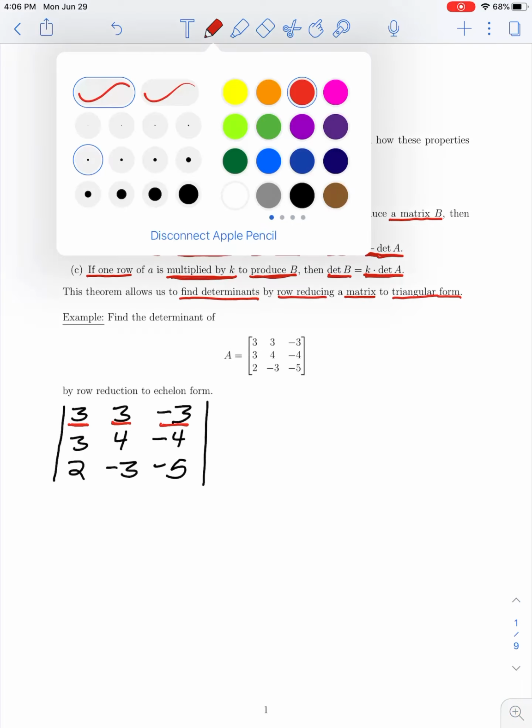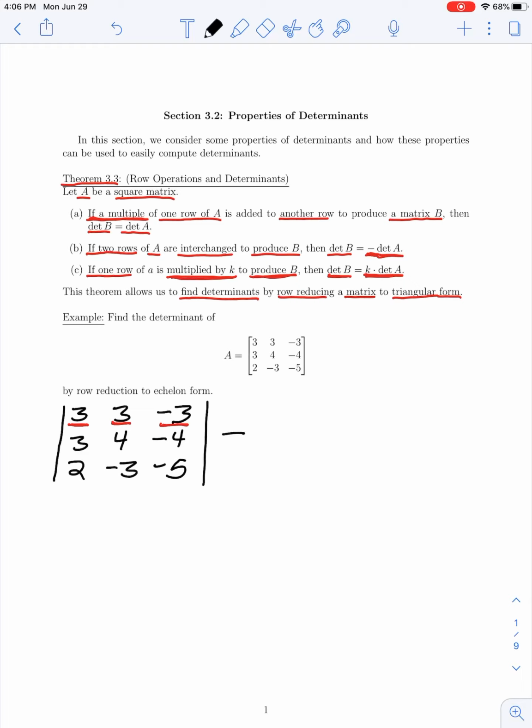So if I were to multiply my first row through by 1/3, or equivalently divide through by 3, I would have the constant 3 times the determinant of the matrix 1, 1, negative 1, and then let's see what other row operations we could perform in this step.